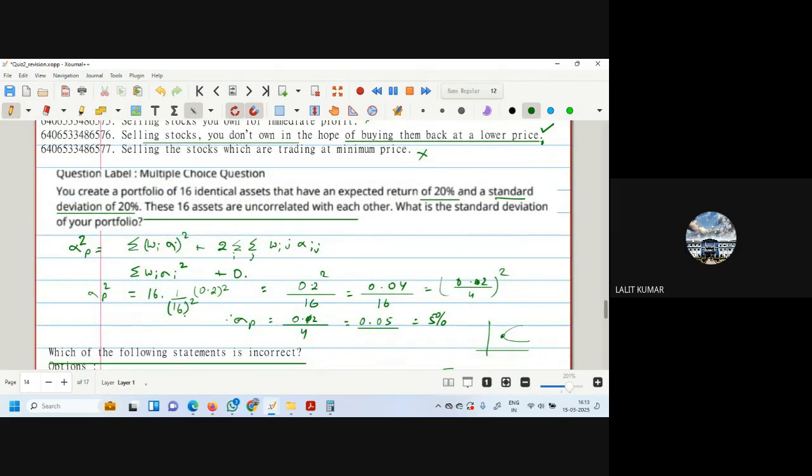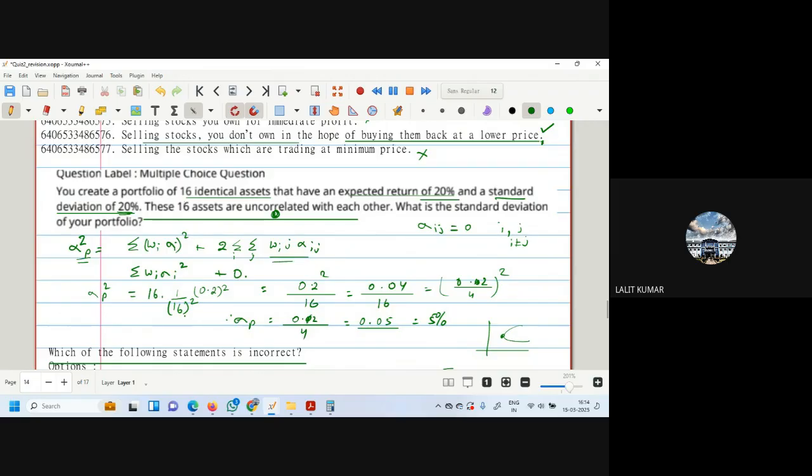Okay, the next question is you create a portfolio of 16 identical assets that have an expected return of 20% and standard deviation of 20%. These 16 assets are uncorrelated with each other. It means your sigma ij is equal to 0 for all i and j, with i not equal to j. What is the standard deviation of your portfolio? So we put the same formula, sigma square p is equal to the sum of wi square sigma i square plus the sum of 2 wi wj sigma ij.